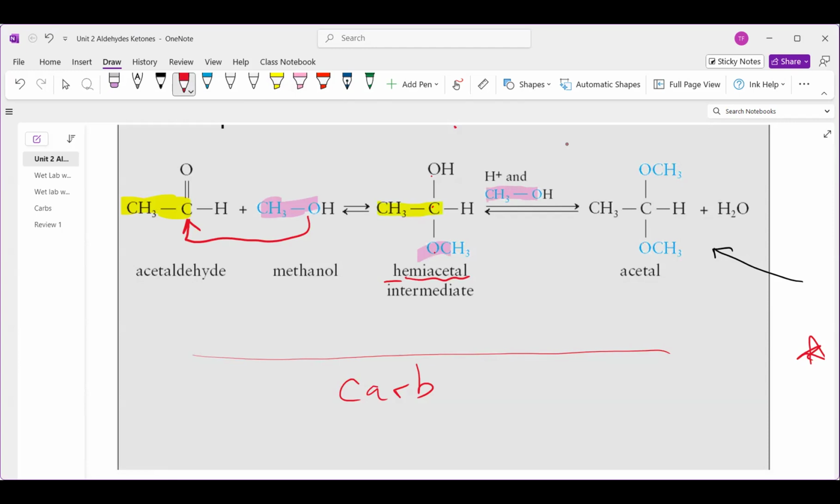So this guy is going to attach here and replace the OH over here.